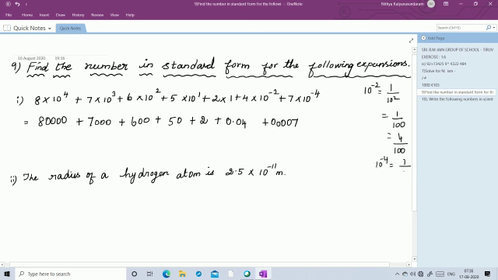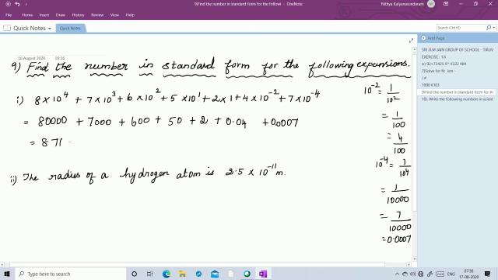If you have doubt you can write it like this, 10 power 4 is 10,000. So 7 by 10,000 we can write 0.0007. So 4 numbers after the point.